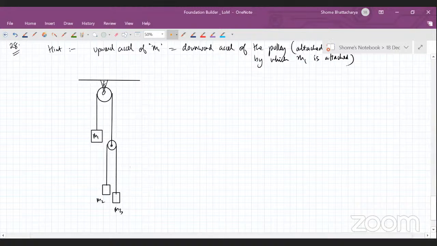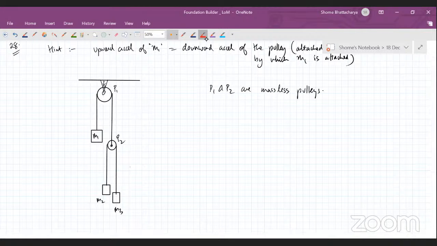Okay, just verify the answer in that case. Now what I was saying is that this pulley P2, both are massless. Okay, so P1 and P2 are massless pulleys.